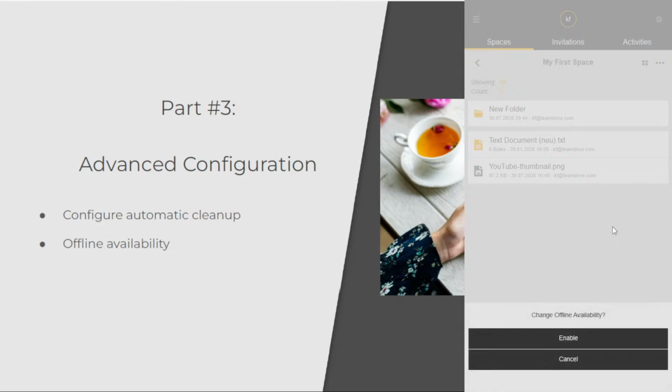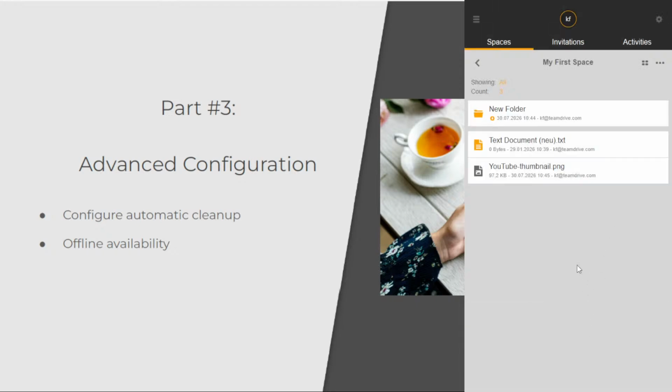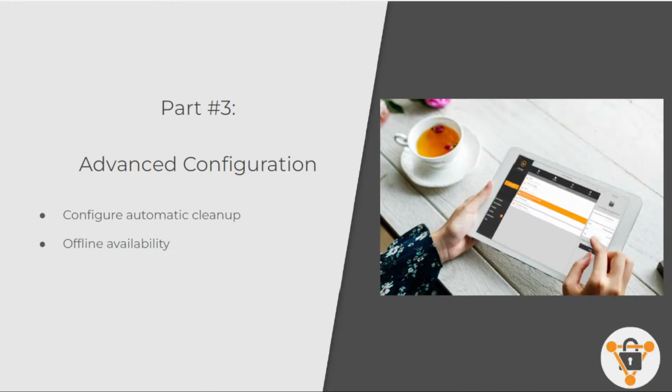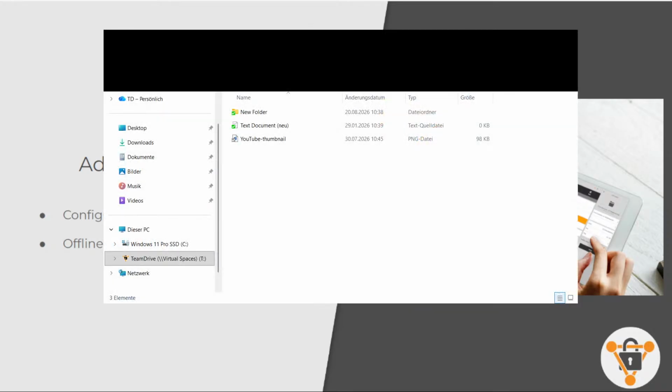So we can do that now. We enable the offline availability, and we'll see that now the folder in the app is marked as offline available. I believe the folder is empty, so it should take no time. And then let's see how things look in the file system. We see in the file system, the folder has a green check mark.